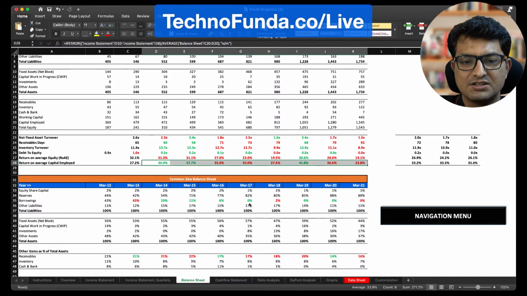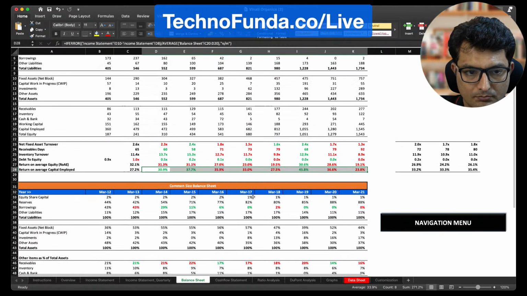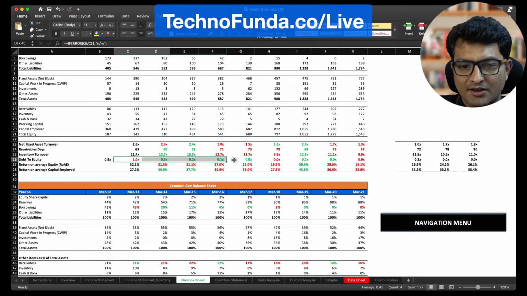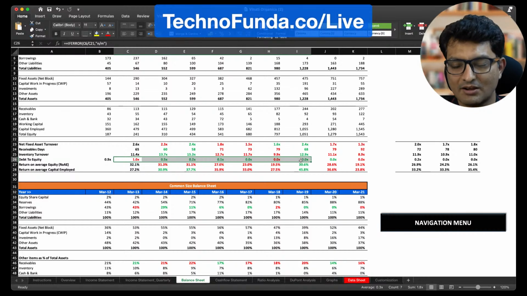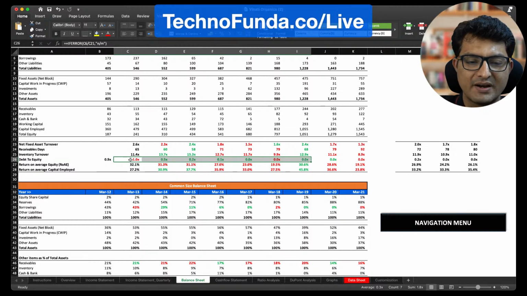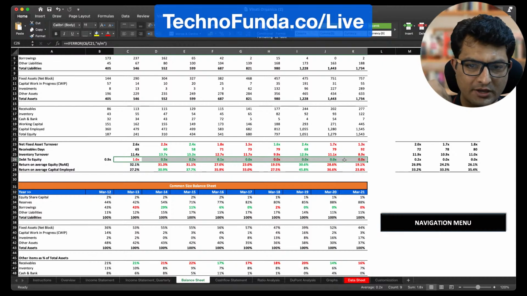Now, next is the debt to equity ratio. If a company is continuously borrowing versus whatever it has in its equity, this metric is very, very important. It's called debt to equity. Generally, I like this metric to be not more than 1x. If it is 1x, meaning they are taking debt in the same proportion to equity, then it is fine.